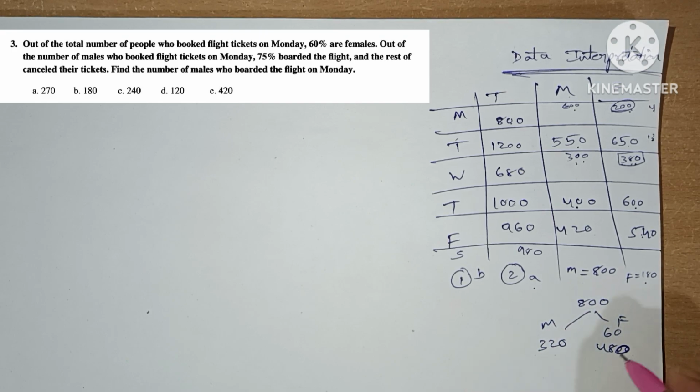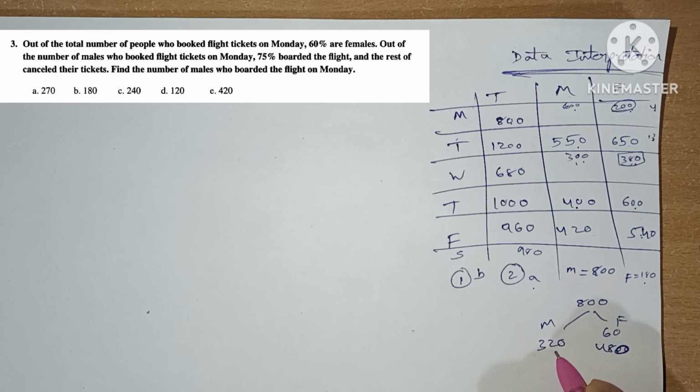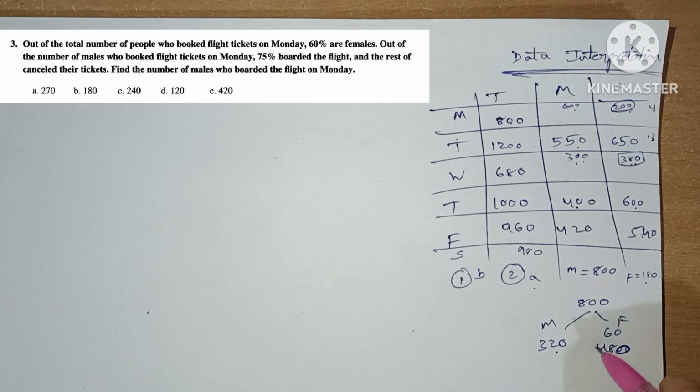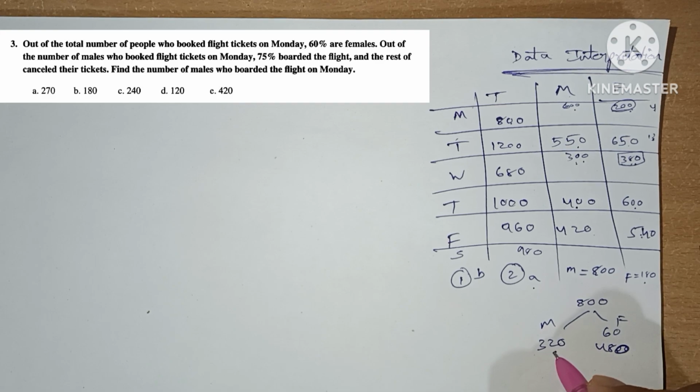Out of the number of males who booked flight tickets on Monday, 75% boarded the flight, and the rest cancelled their tickets. Now the question asked is find the number of males who boarded the flight.